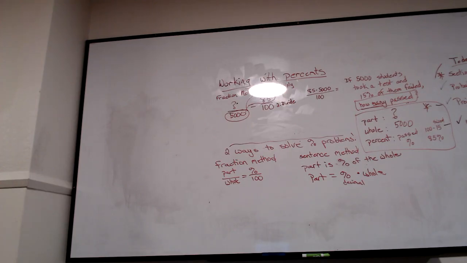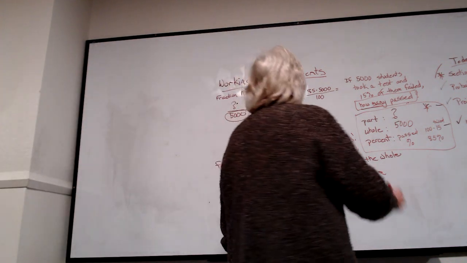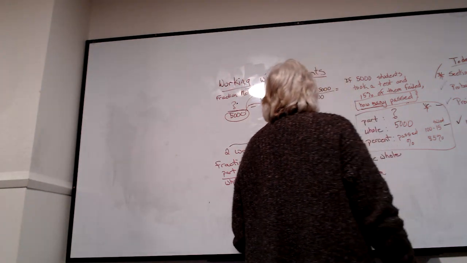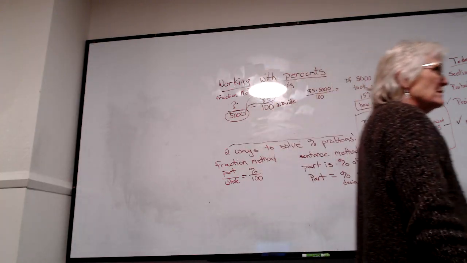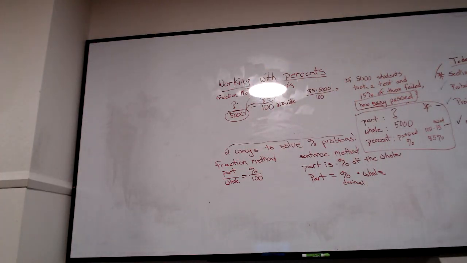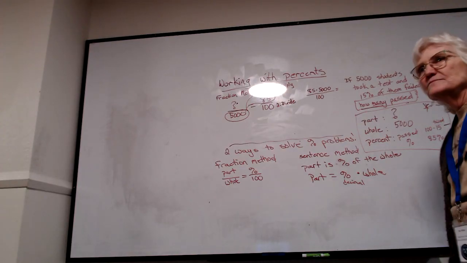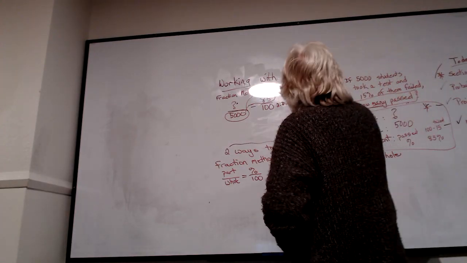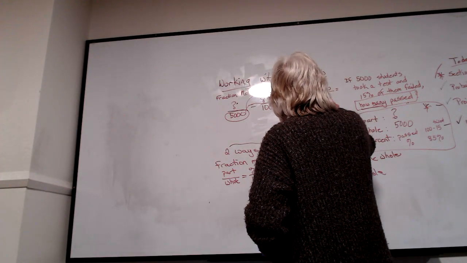That's the fraction method. Can somebody do that multiplication and division and give me the answer that they get? 85,000 over 100, or actually not, it's 85. Somebody can use their calculator, yes. Would it be 4,350? 4,350.